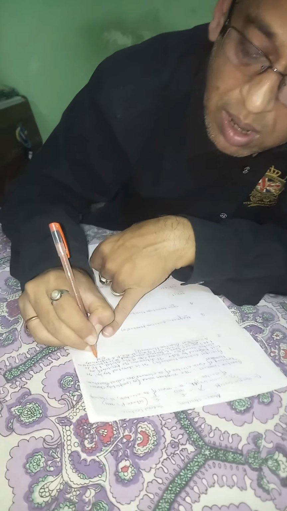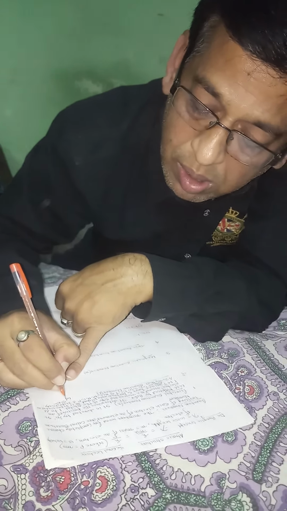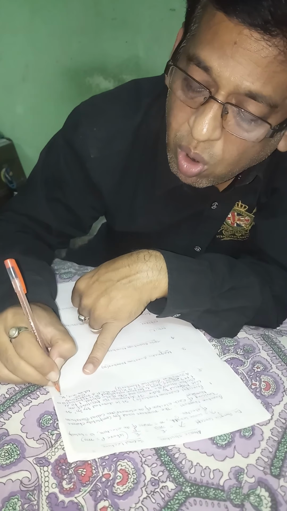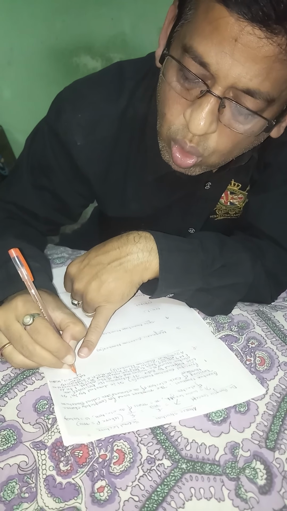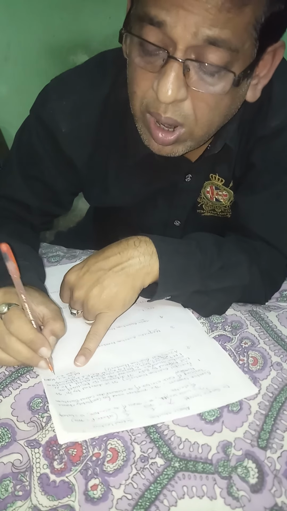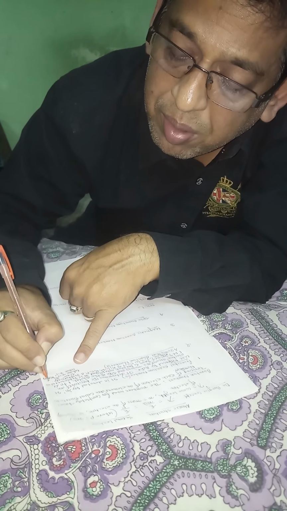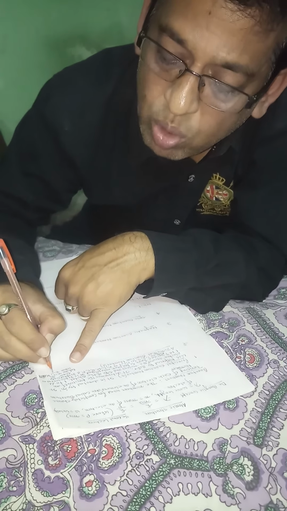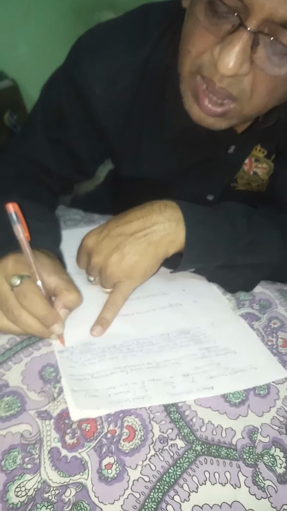When n equals 1, that is the K orbit, the maximum capacity is 2 electrons, that is the K shell. When n equals 2, the maximum capacity is 8 electrons, that is the L shell.